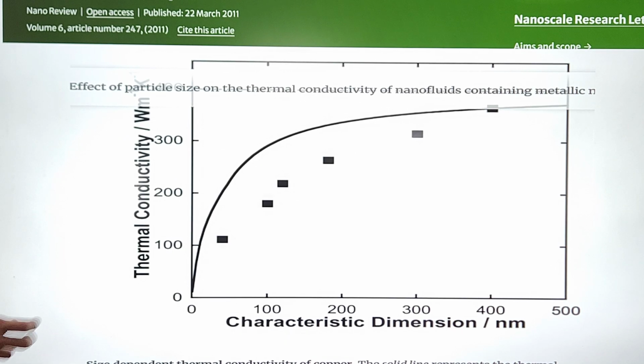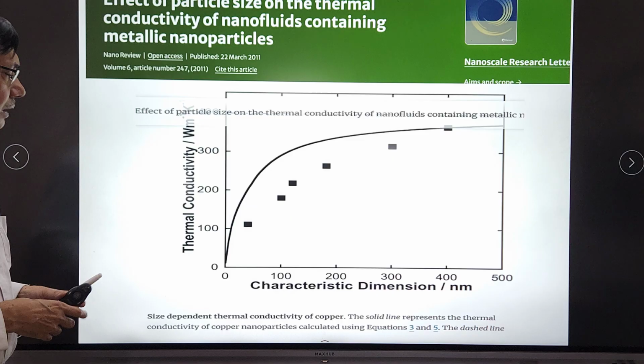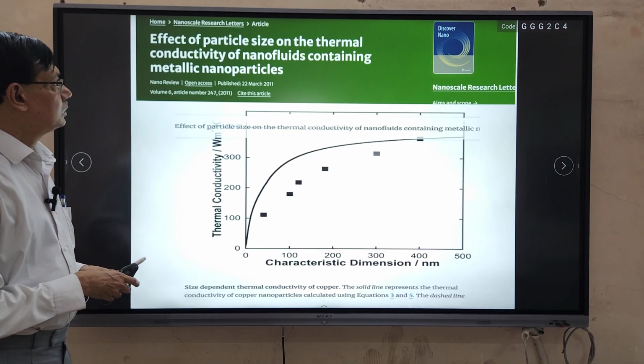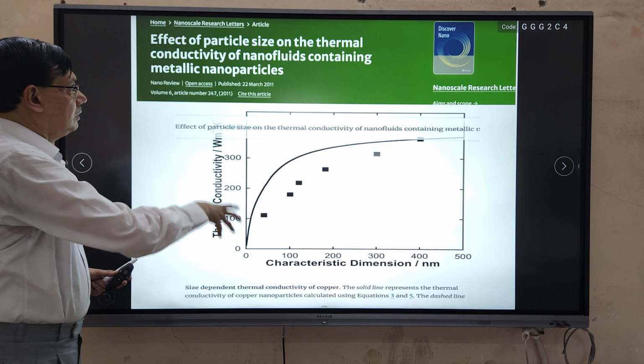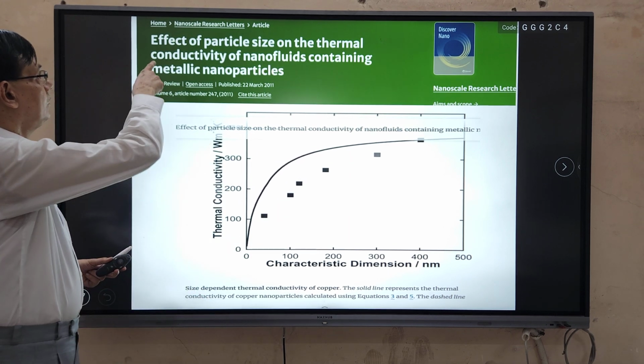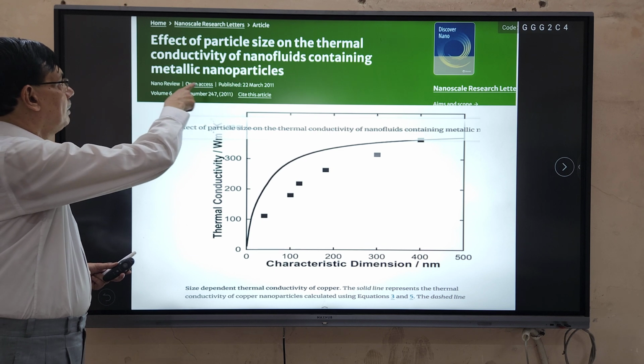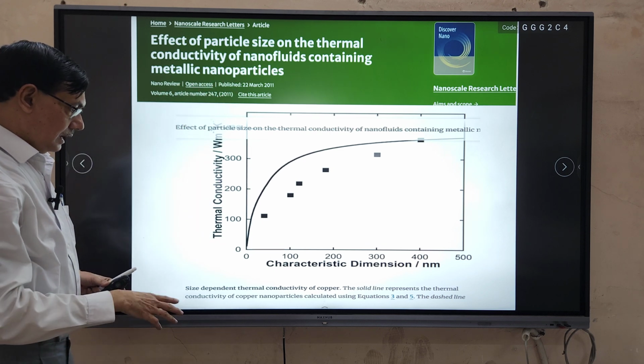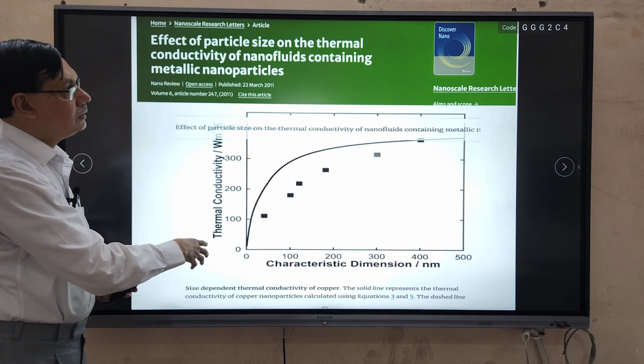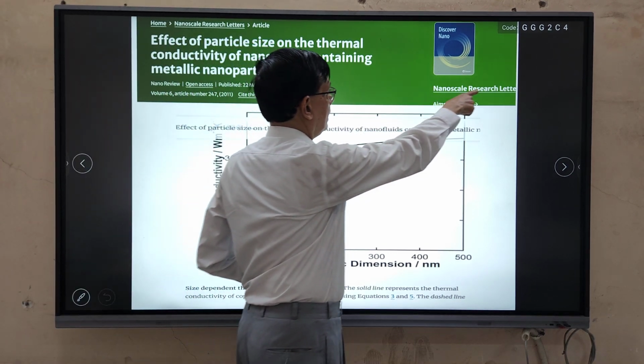Similarly, if I am talking about thermal conductivity, I have taken this graph from the effect of particle size on the thermal conductivity of nanofluids containing metallic nanoparticles, published in Nanoscale Research Letters.